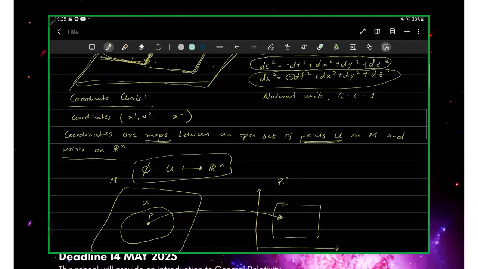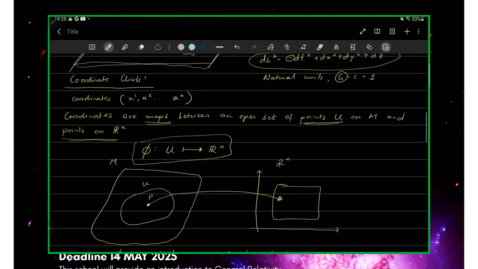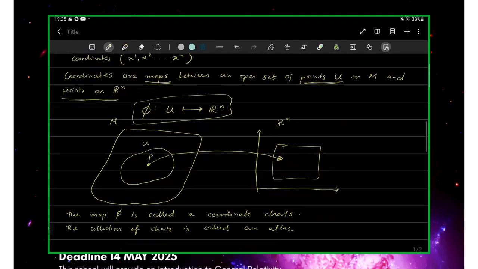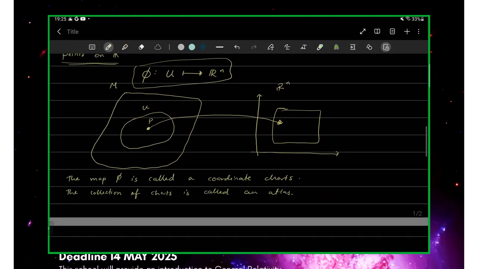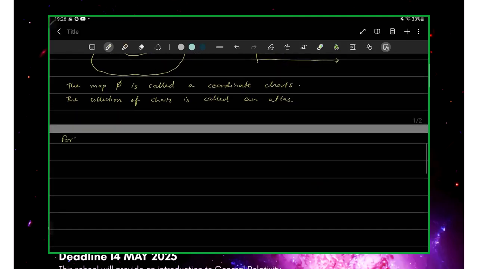Where G is basically Newton's constant, or the gravitational constant, whatever you want to call it. Okay? So now, for every point P that is in U, you can have a coordinate chart as the following.